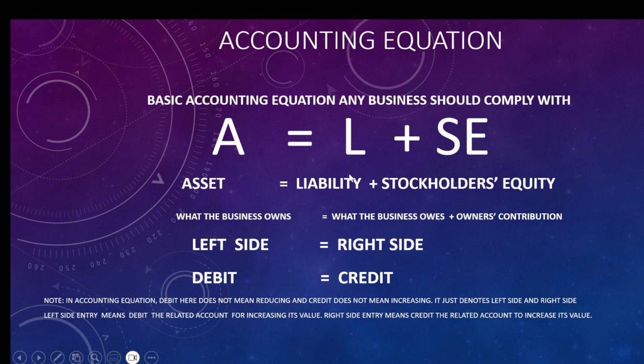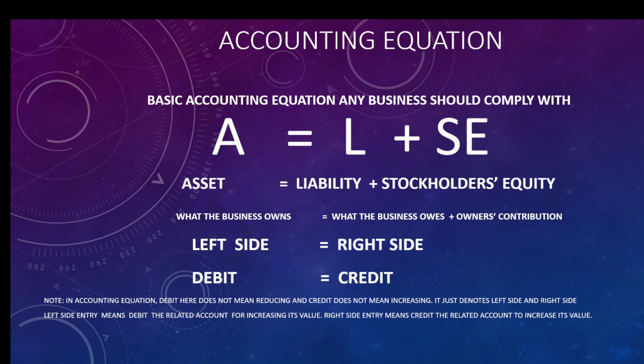So whenever we use an asset account, we put it on the left side. Whenever we use a liability account or a stockholders' equity account, we put it on the right side, meaning we debit an asset account and we credit a liability and stockholders' equity account as a default step.